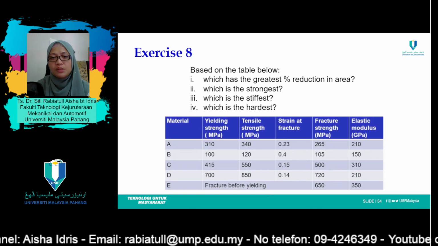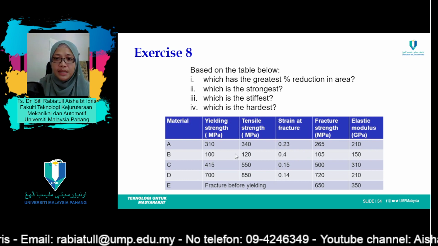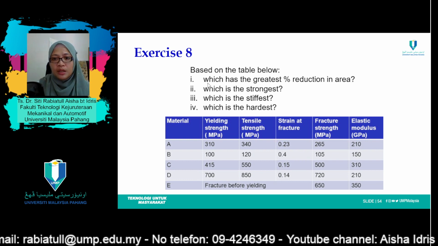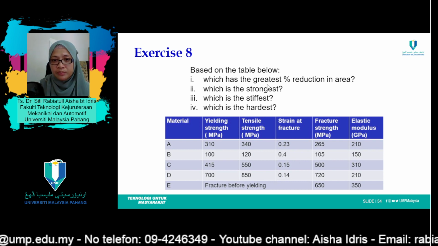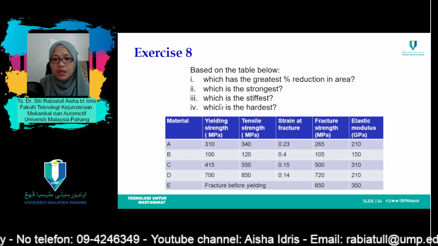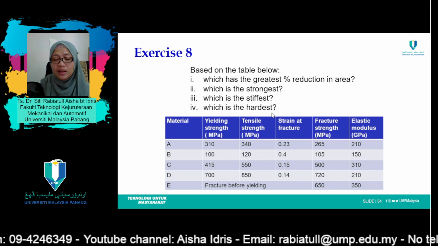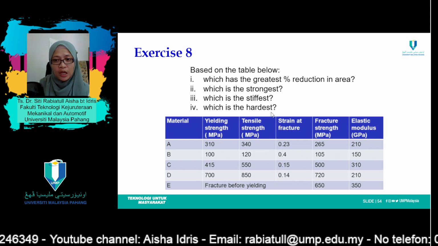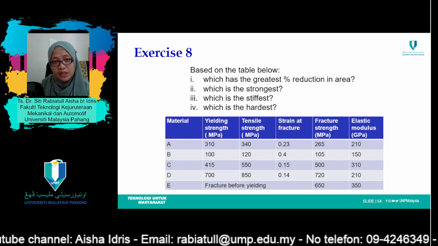Okay, so now let's move on to exercise number 8. Based on the table below, number 1, which has the greatest reduction in area? Number 2, which is the strongest? Number 3, which is the stiffest? And number 4, which is the hardest? I give you a few minutes to think. Then afterwards, we are going to answer it together.